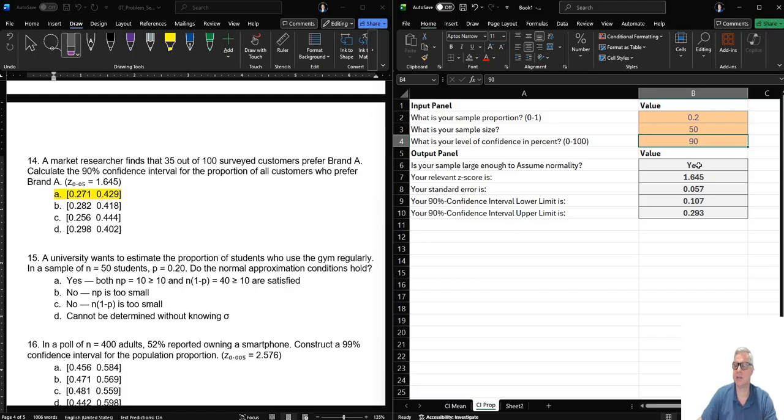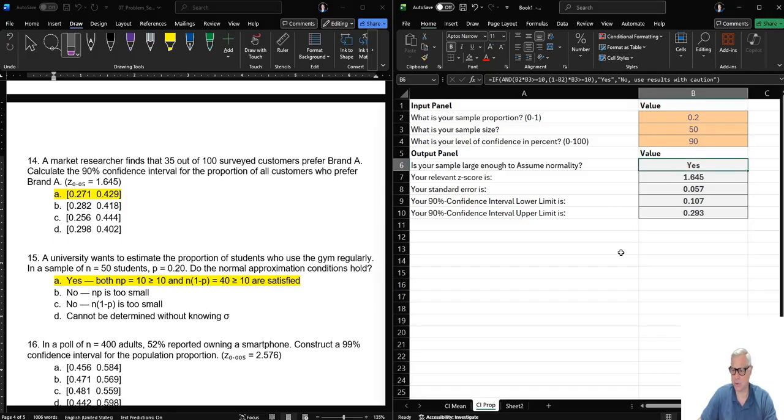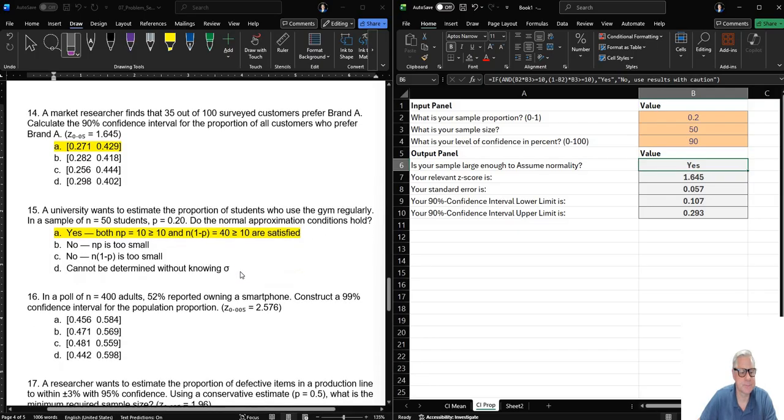And we can see, yes, it does. It says both np and n(1 minus p) equal 10 and 40, so the conditions are satisfied. Yeah, it is satisfied, but really at the margin, especially for the first one. So yes, the condition is met, and we can see that here too in our output panel.